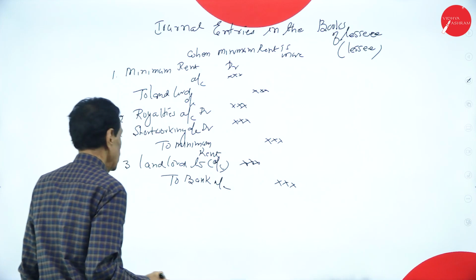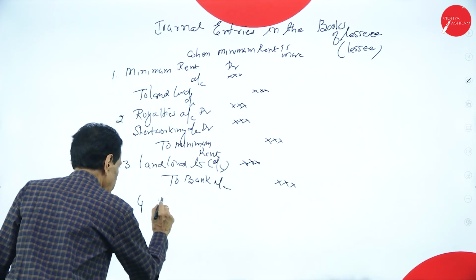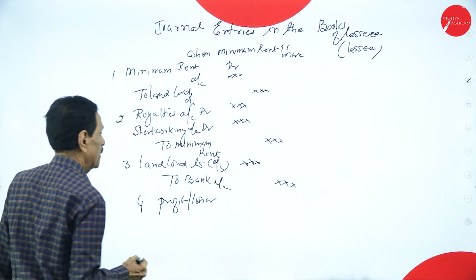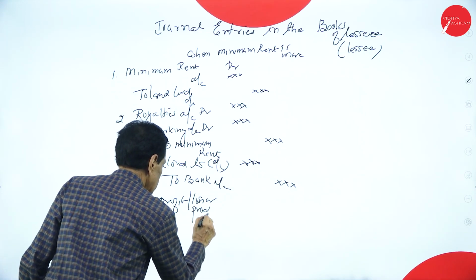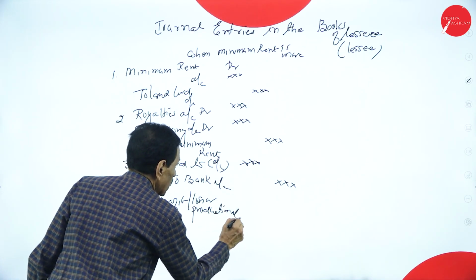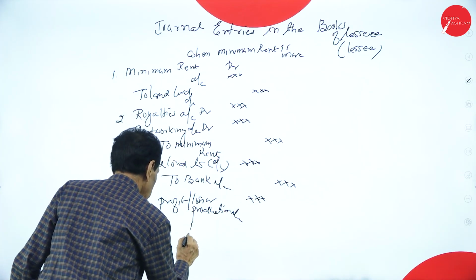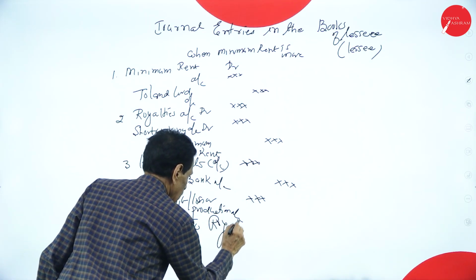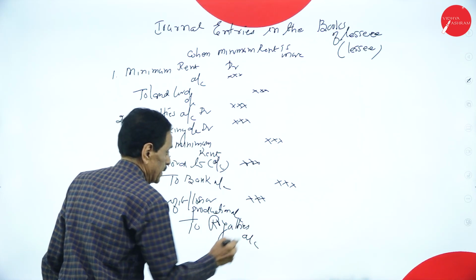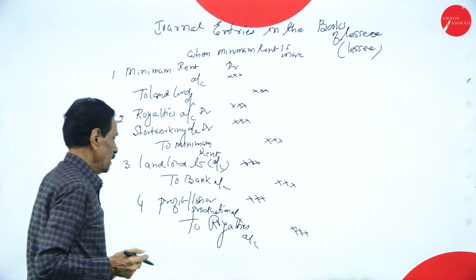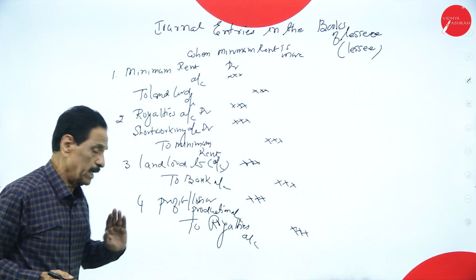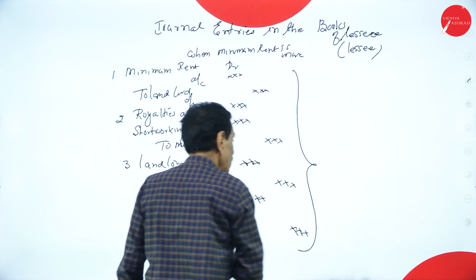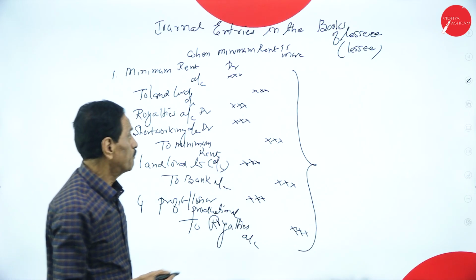Transfer entry, number 4, profit and loss or production account to royalties account. Royalties transferred. Great. Profit and loss account or production account debtor to royalties. These are the entries which we have to make when minimum rent is more.